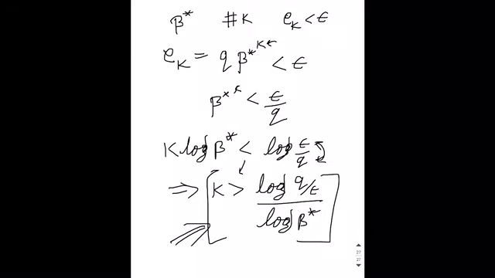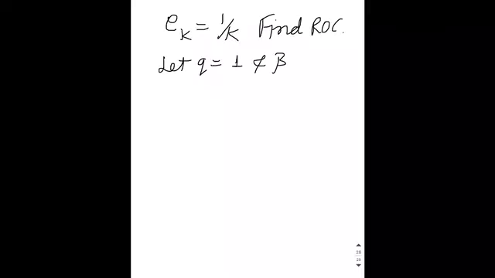Similarly, we can have another example. Let's say e_k equals 1 over k. Find the rate of convergence. Let q equal 1 and some beta belong to the interval 0 to 1.